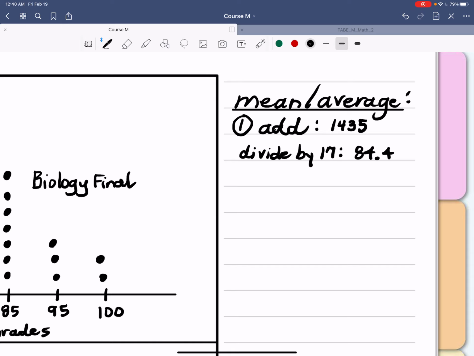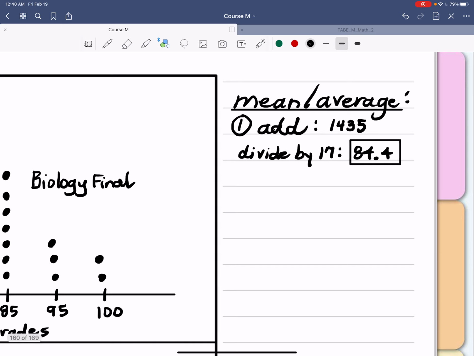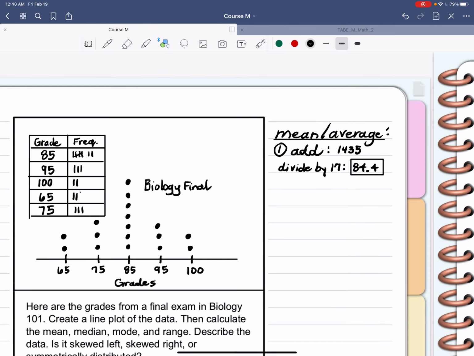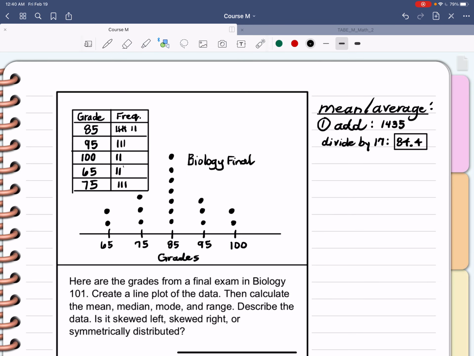That's the mean. And you might be thinking nobody scored that. Nobody did an 84.4. And that's true, but look how many did 85. So here is where most of the students scored. And that 84.4 is awfully close to that one. So there is your mean score.